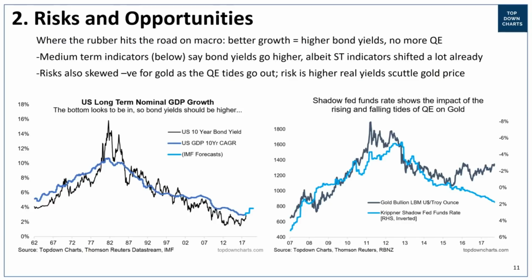I guess the key risk management note for that chart or for that view is where gold is tracking at the moment. You can see there, I haven't drawn it in, but there's a pretty clear line in the sand around 1350, 1400. If it managed to break out of 1400, it's probably just going to keep going.